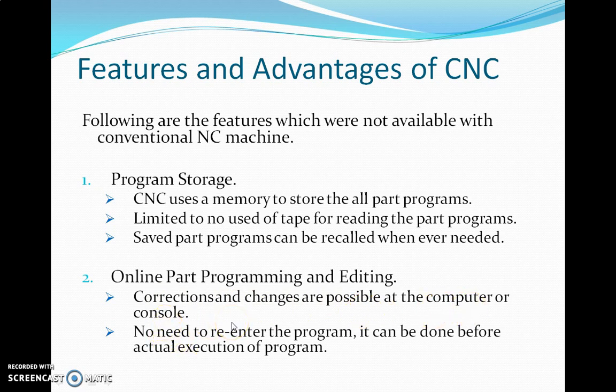That means in NC, I cannot edit a tape reader, or I cannot edit the part program before execution. So if I want to make certain changes in that particular tape or part program, I need to punch the holes on the card reader. Okay, so that is the problem with NC machines.